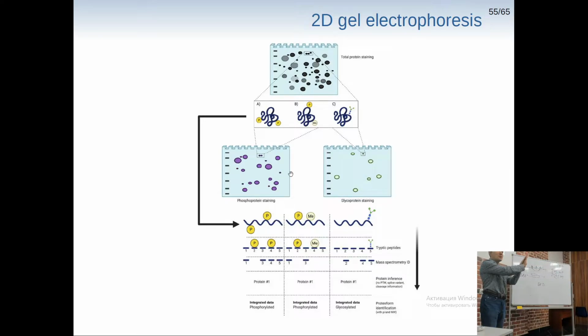And then you can see that this group here was stained by Coomassie, so there are at least proteins here, we hope. And there are two dots here which are stained by phosphoprotein staining fluorochrome, and they are phosphorylated.